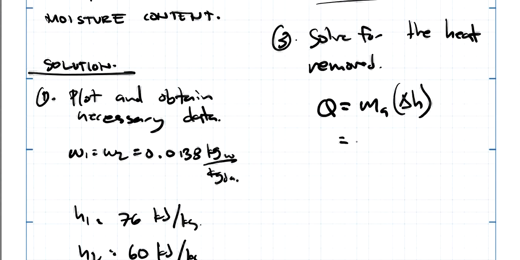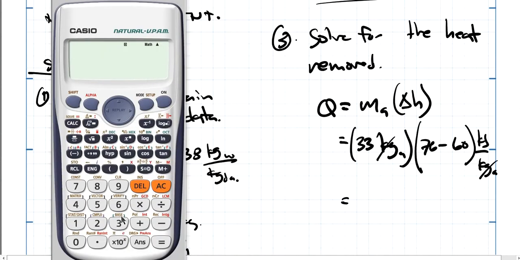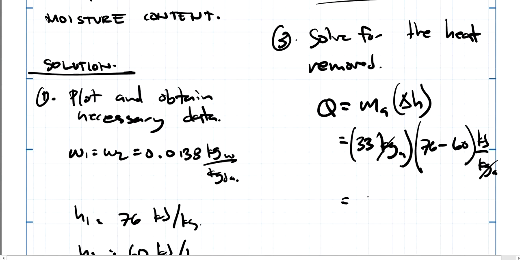So 33 kilograms of air times the delta H, 76 minus 60 kilojoules per kilogram of air. What's left is kilojoules. 33 times 76 minus 60, which is 16, is 528. So 528 kilojoules.